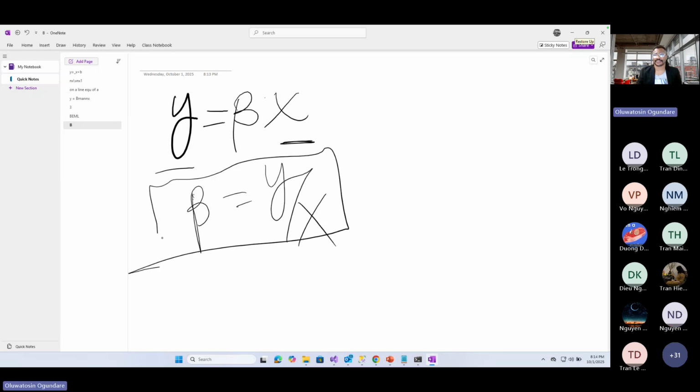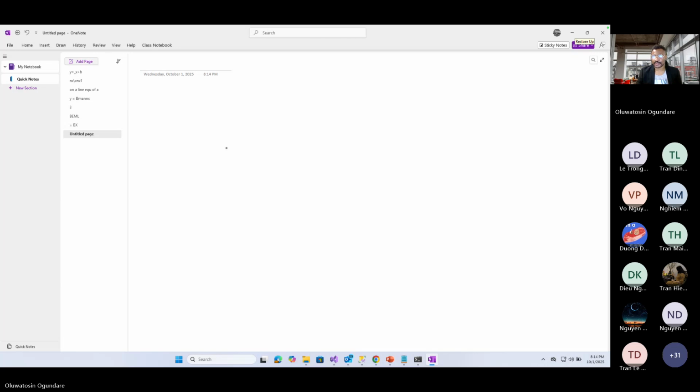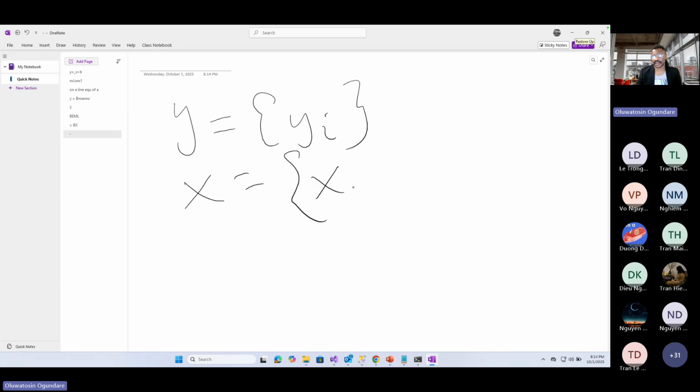Exactly. So this is it. Simple algebra. Now what happens when I have a distribution? Imagine that y is a set of yi and x is a set of xi, like we have. So how will I calculate beta?